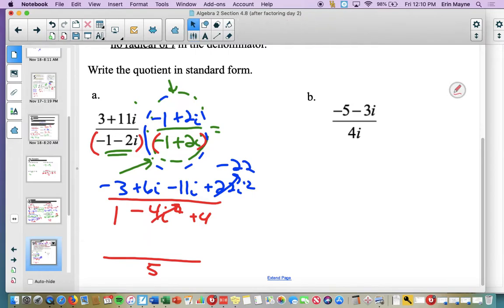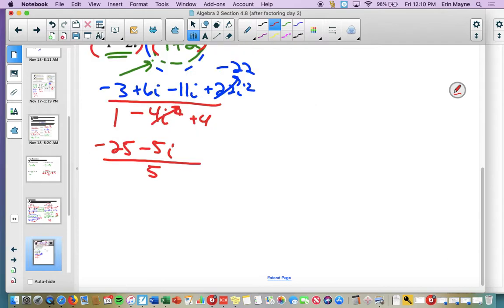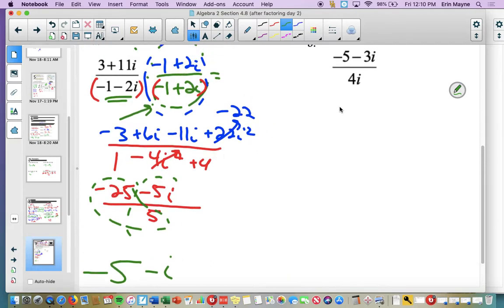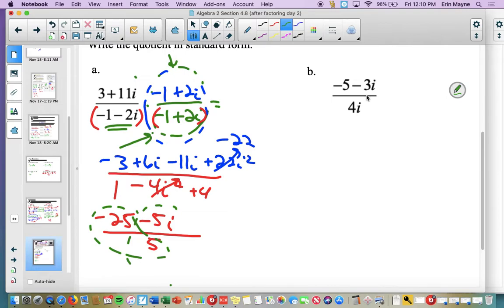This gives me negative 25 minus 5i. It is not okay to leave it like this because it does not look like a plus bi form, and so I turn this into negative 5 minus i. Negative 5 minus i.